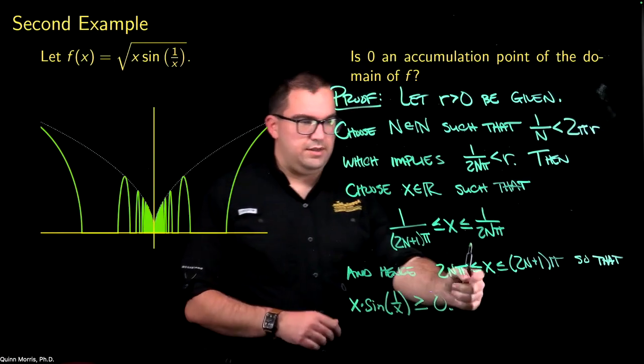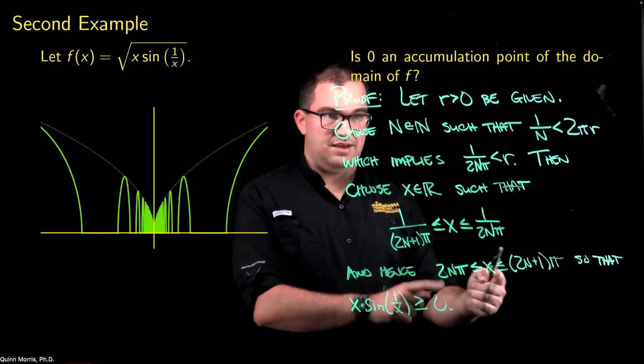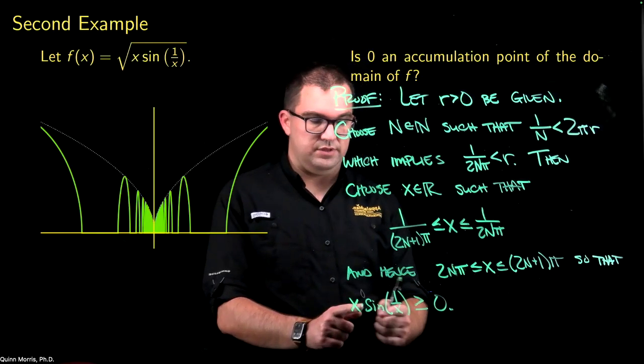Notice that this choice, since it's bigger than 2 times a natural number times pi, is definitely greater than 0. So this x is greater than 0.